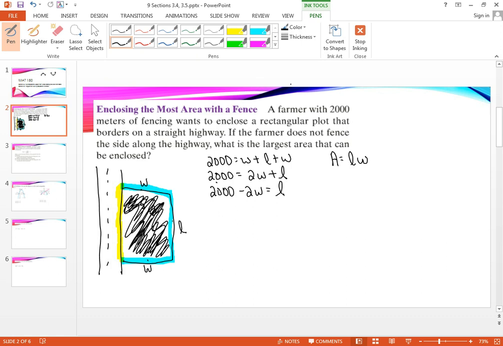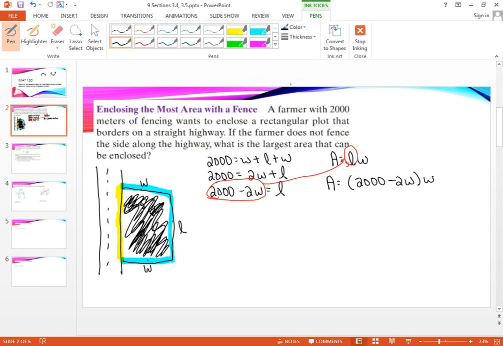So now what I can do is I can take this piece, and over here where it says L, I can substitute that in. So I'll have A equals 2,000 minus 2W times W. That's a little bit better. Now we're just in terms of A's and W's instead of A's and L's and W's.